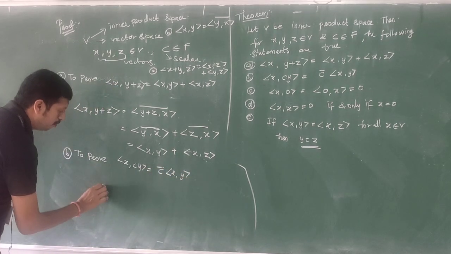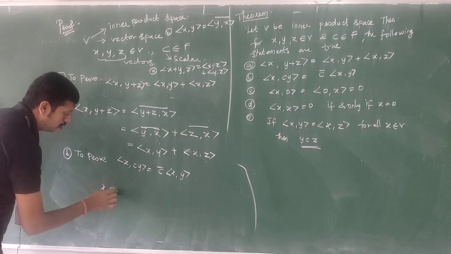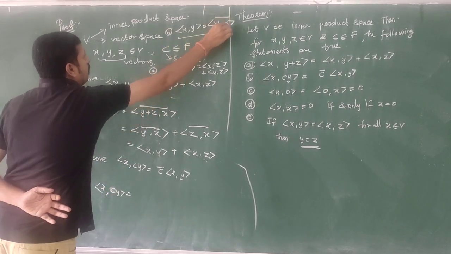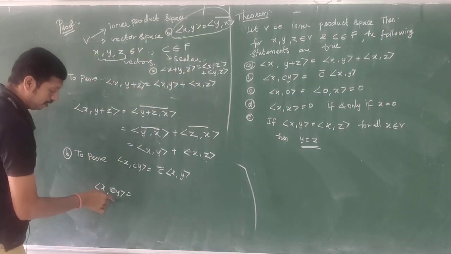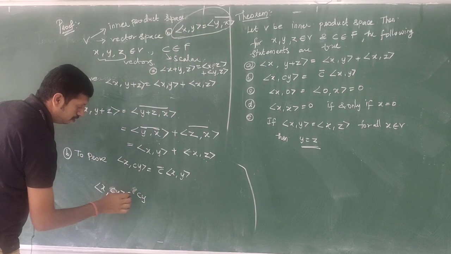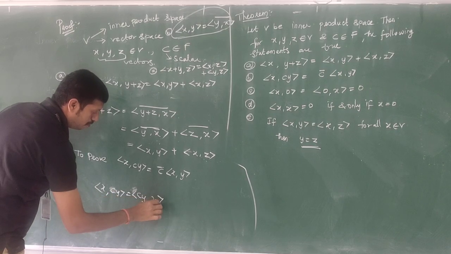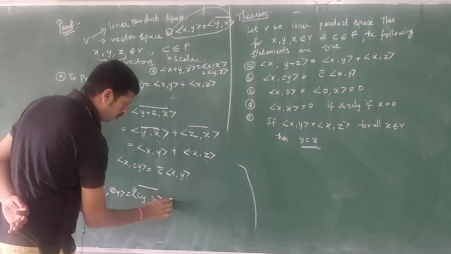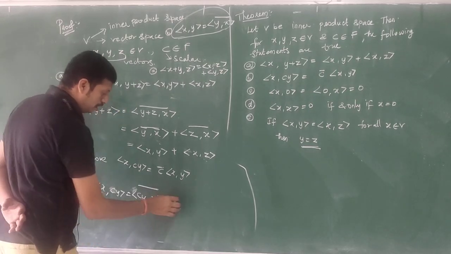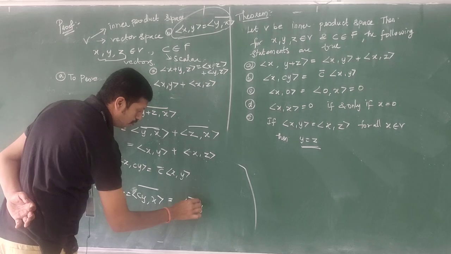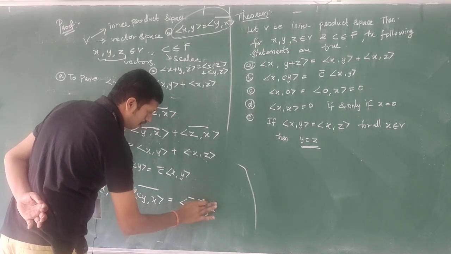So, again we will be using this condition, that condition is c y comma x. We have to interchange that one and we have to put bar on this one. Okay. So, now it is actually simply c bar y bar x.